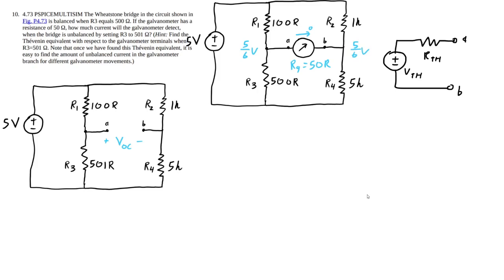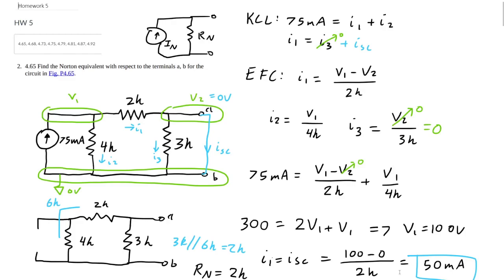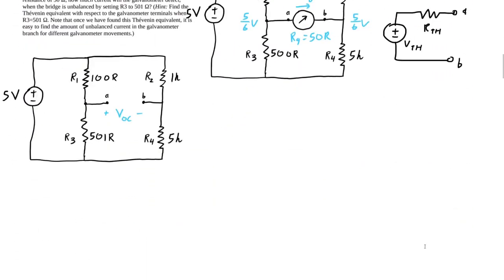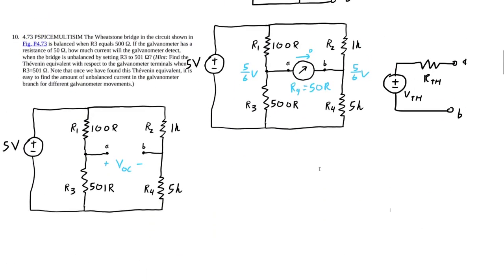So if there's no difference across the internal resistance of the ammeter, which is a galvanometer, a type of ammeter, then there will be no current flowing through it. So we want to find out what happens if we change resistor 3 to 501 instead of 500 ohms.